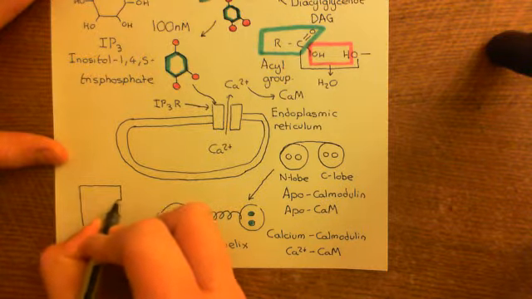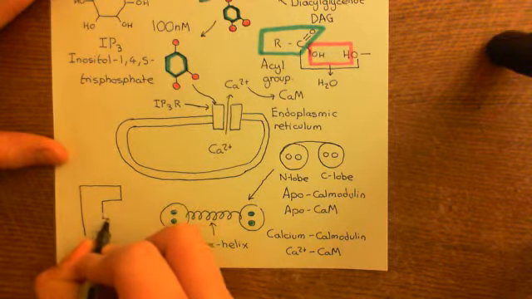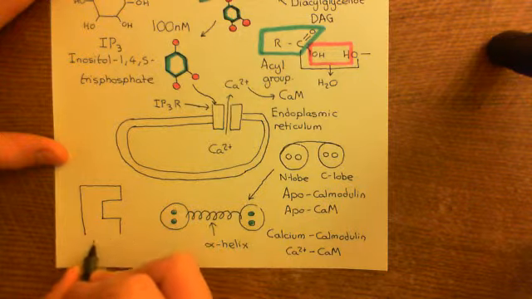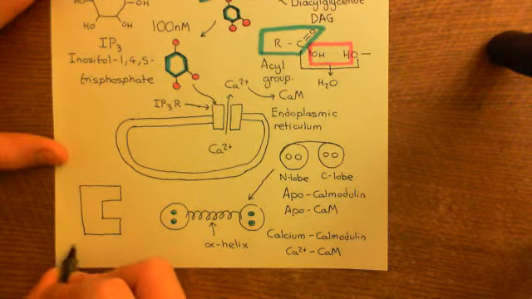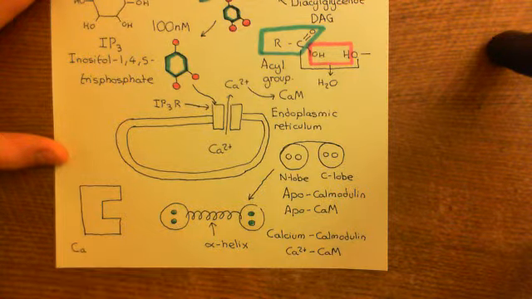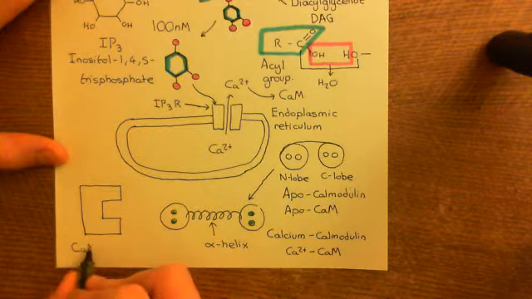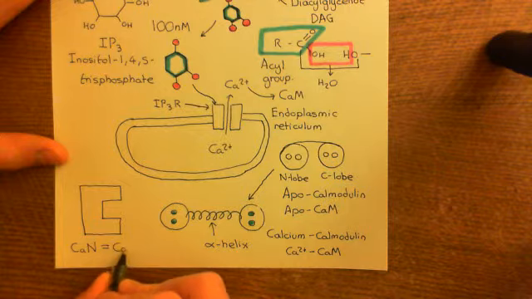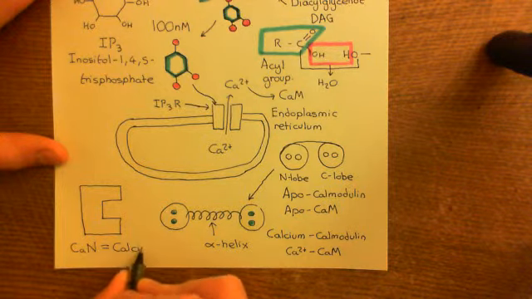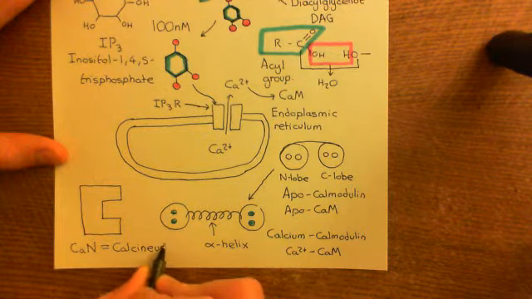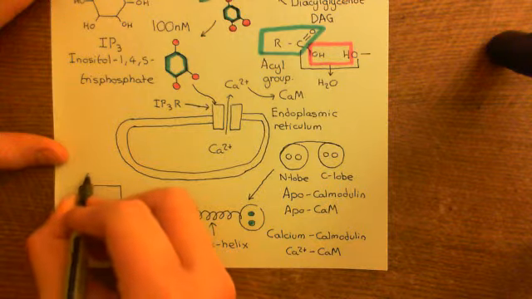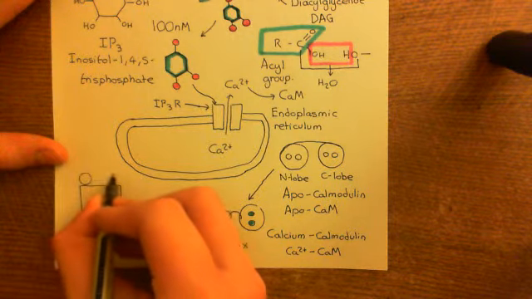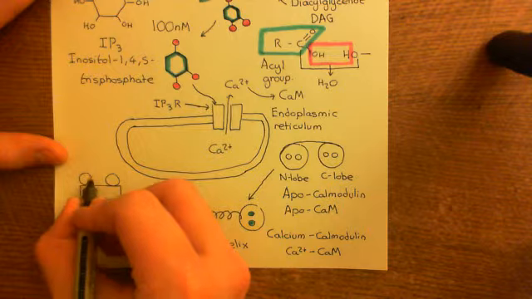So this is our enzyme calcineurin, which, by the way, is often abbreviated as C, and then you put again a lowercase a and then N afterwards rather than M. So this is calcineurin. And then bound to the calcineurin is now this calcium-calmodulin complex here.